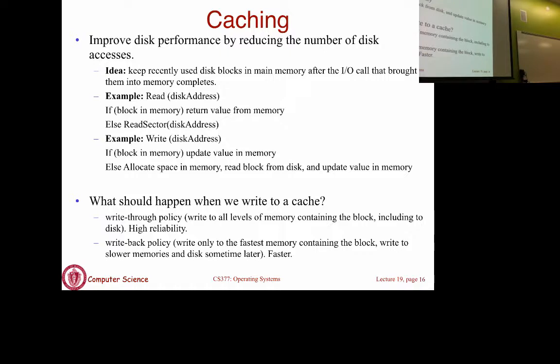So the better way to do this for devices that need higher throughput is to put the data in a buffer, and then tell the device controller to take the data from the buffer and write it out. Or you allocate a buffer and tell the controller to go read this chunk of data and put it in the buffer. Now the CPU doesn't have to issue requests one byte at a time.